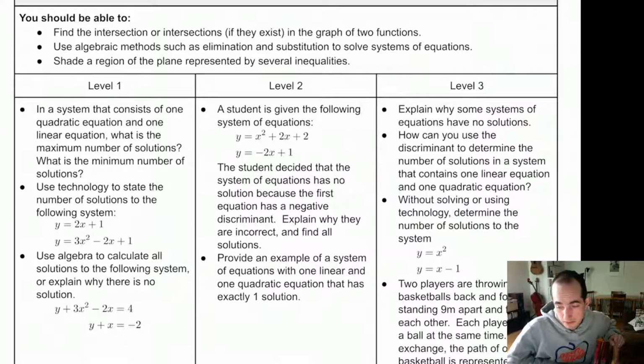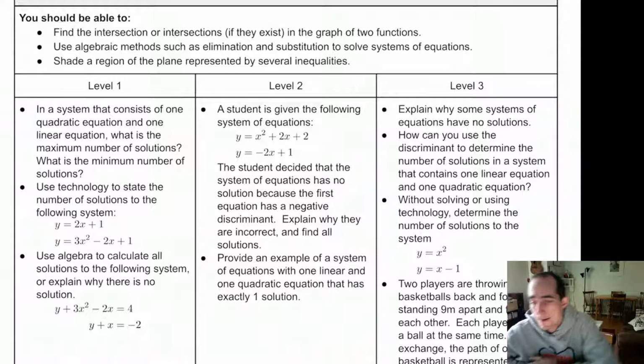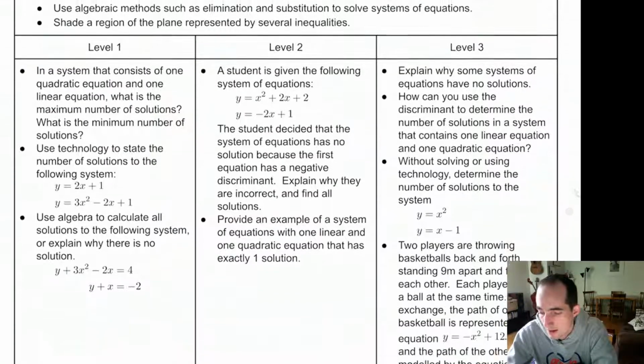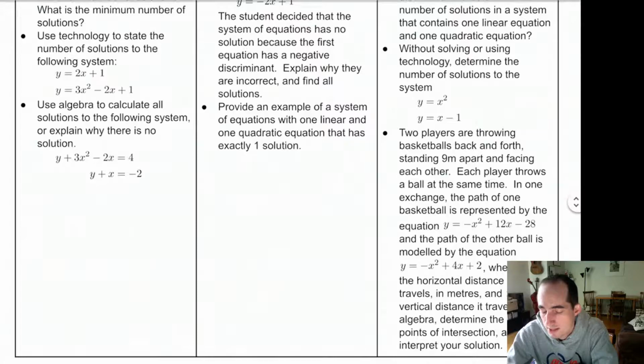So you have to create your own, right? Level 3 would be to explain why some systems of equations have no solution. So you really have to understand your stuff there. Another one here is a kinematics question. 2 players are throwing basketballs back and forth, and so on. I think this is a great question.